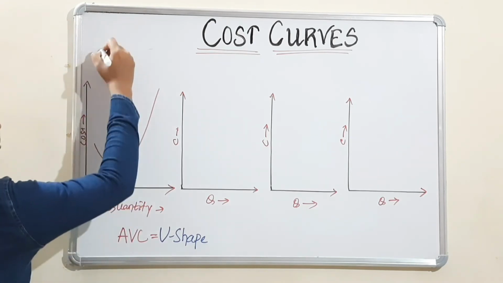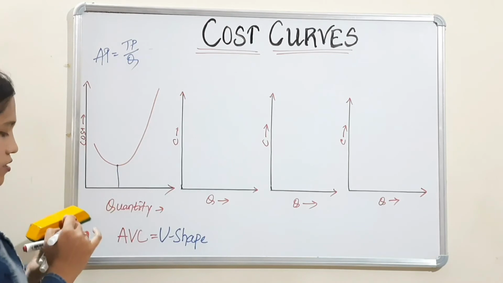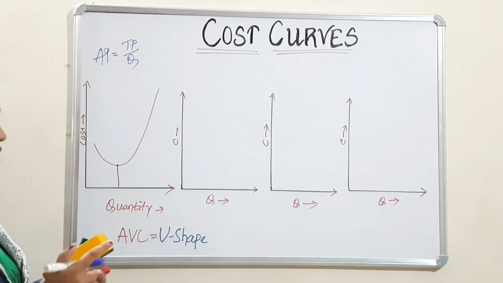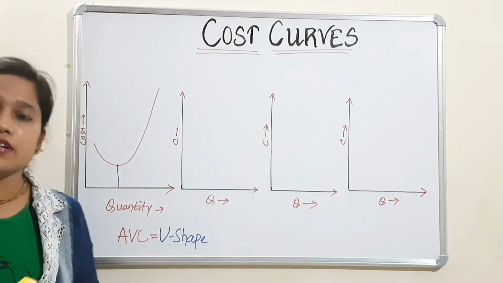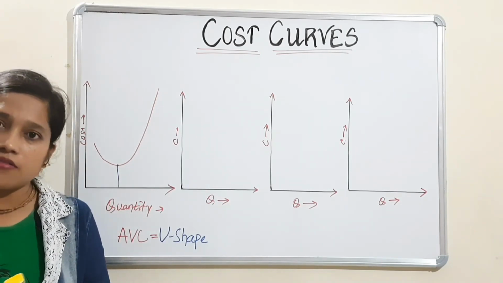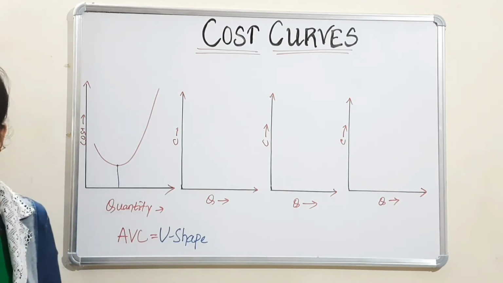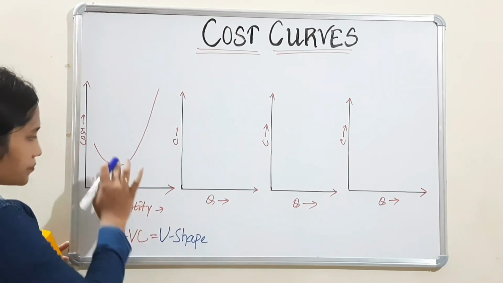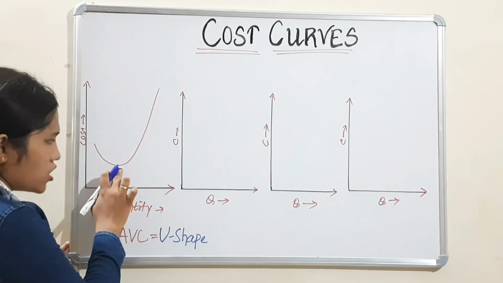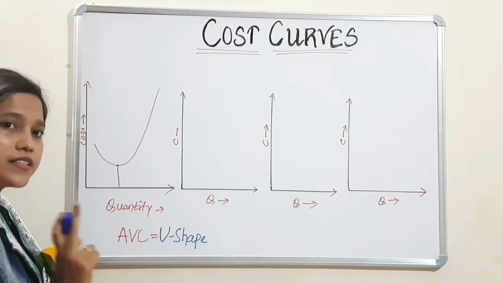What is average product? Total product by quantity. Yes or no? So you can say that when your average product is maximum, average cost is minimum. This is a short question you can expect in any competitive exam. Graphically, remember, when average variable cost is minimum, average product is maximum.